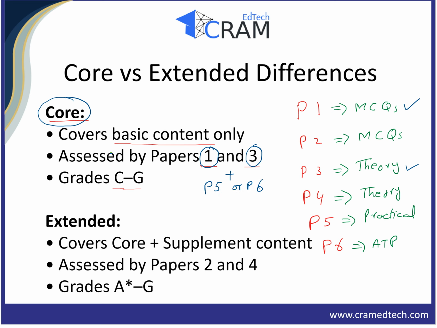It means that as a core student, you have three exams. Paper 1 will be multiple choice. Paper 3 will be the structured theory paper. Then the third exam will be either paper 5 or paper 6.